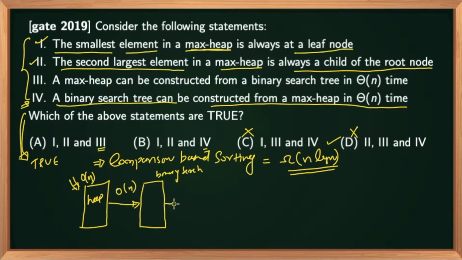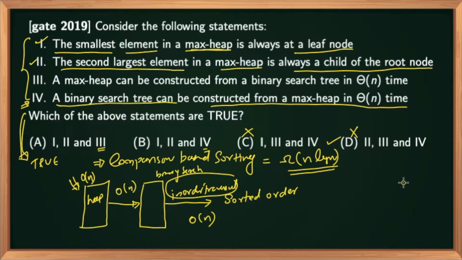Now also we know that the in-order traversal of a binary search tree gives us the sorted order, right? And the in-order traversal takes order of n time. Now if I want to sort n elements, I will first construct a heap, then convert that into a binary search tree, then do the in-order traversal.